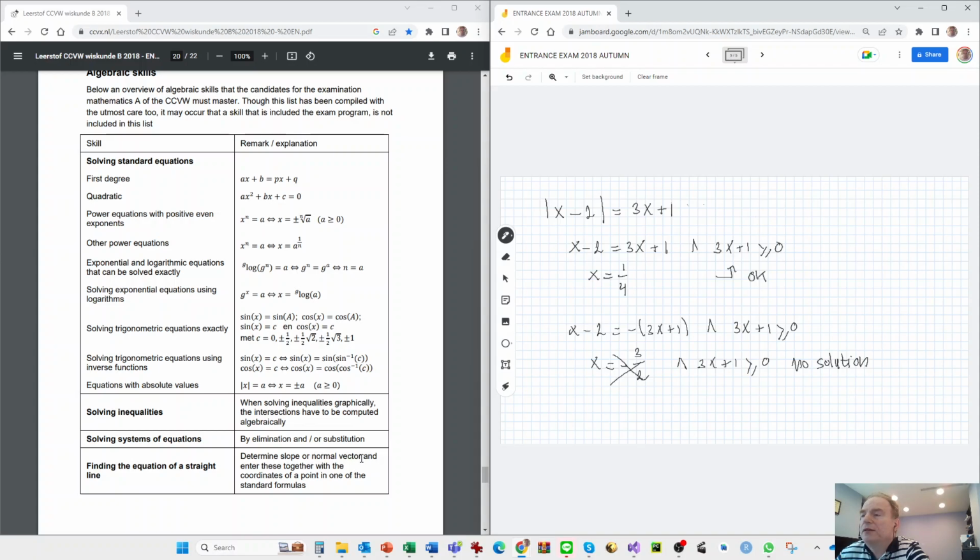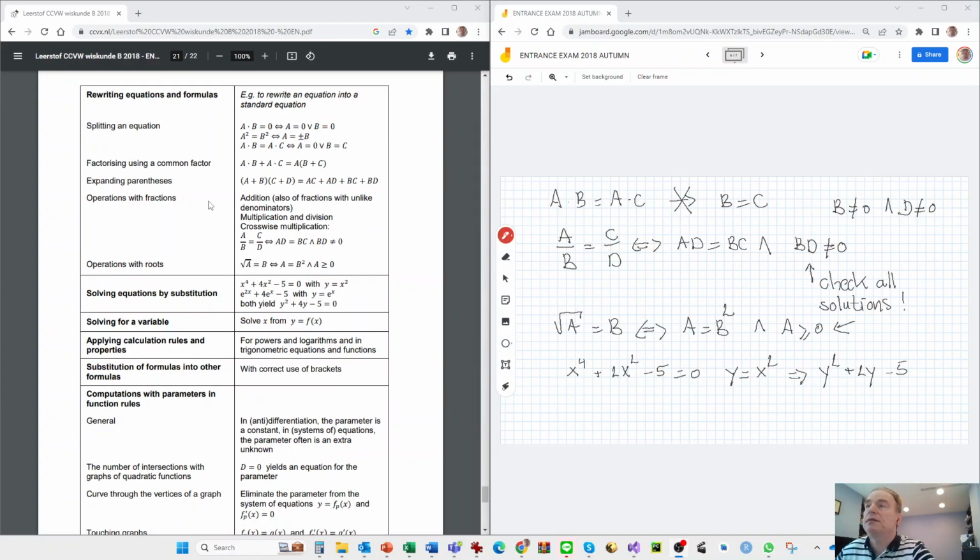Well, a normal vector is a vector perpendicular, so I'm not sure how to say this, but you can either determine the slope or the directional vector, and then demand that it goes through a certain point. So anyway, I think we saw this above already, so that should be pretty clear.